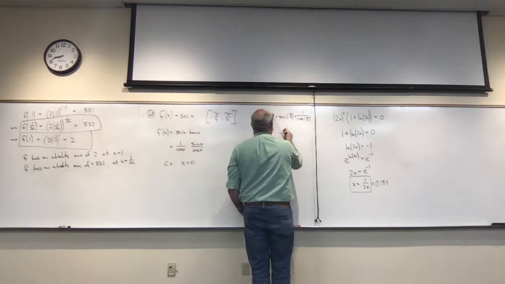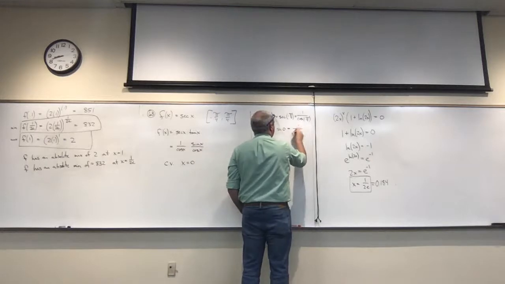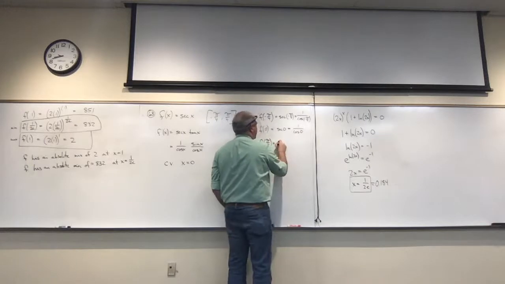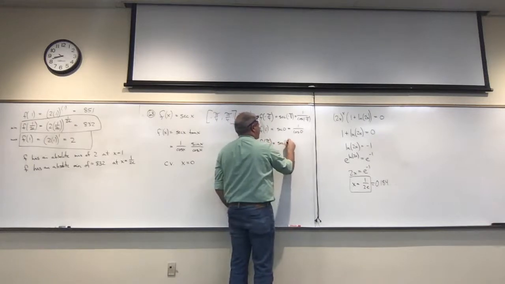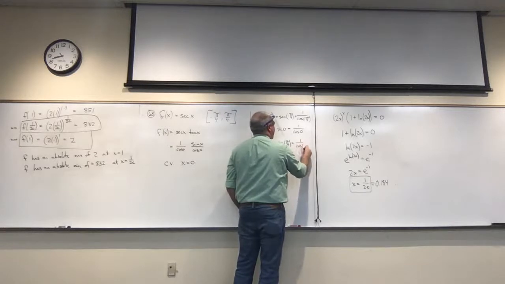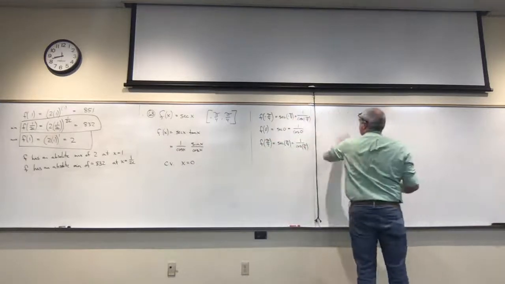And f of 0 is just secant of 0, or if you like, 1 over cosine of 0. And then f of pi over 4 is secant pi over 4, or if you like, 1 over cosine of pi over 4. Okay, so then the question is, what are all those?